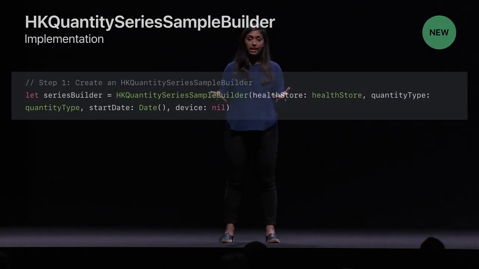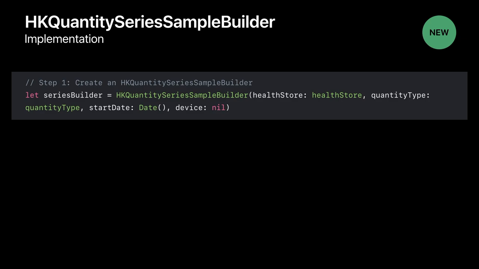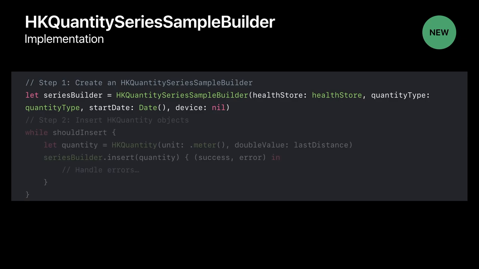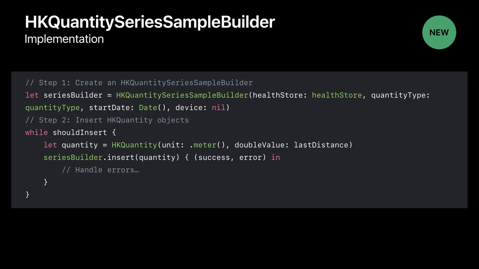Next, we have our quantity series sample builder, which, like I mentioned, is really great for apps that do have high-frequency data ingestion, because it's a more efficient way to store that data, but also allows you to create connections between that. So first, we of course want to start with creating our sample builder. We initialize it with the health store, and we initialize it with the quantity type that we're interested in. Next, for whatever cadence you're interested in inserting samples, you do that. Let's use my soccer app as an example. I am super interested in the actual distances that my users are moving.